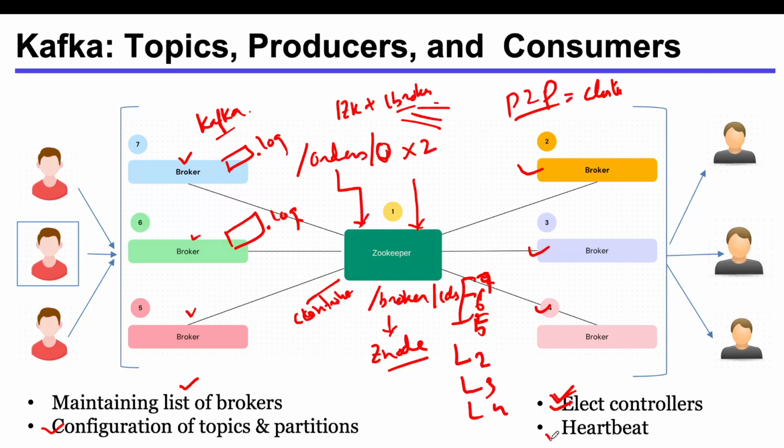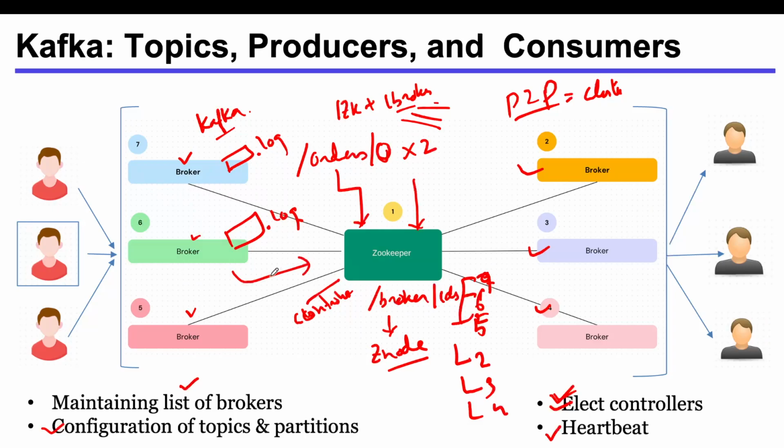Zookeeper also maintains the heartbeat information about the brokers that get registered with it. That means each broker will tell the zookeeper that it is alive. There is a time setting called the tick time. Depending on the configured value of the tick time, each broker has to inform the zookeeper that it's alive.